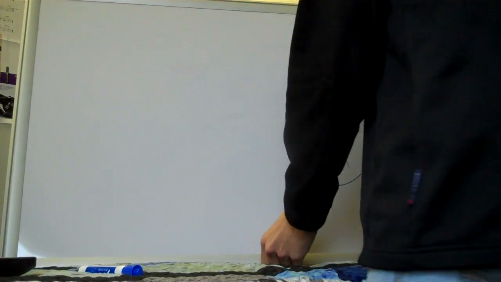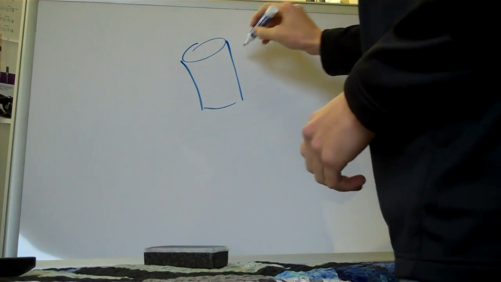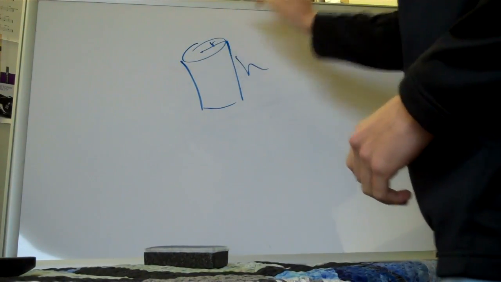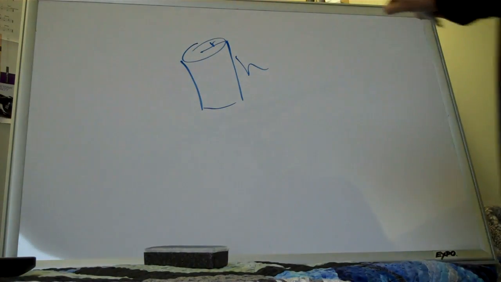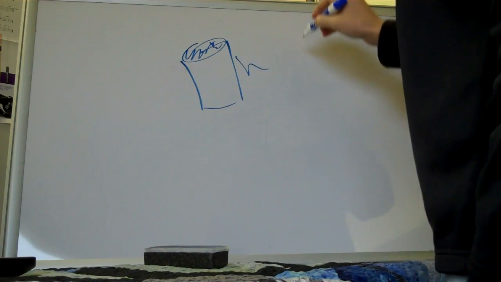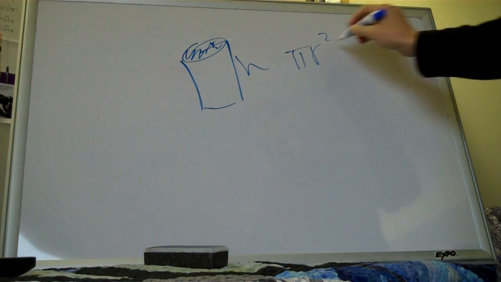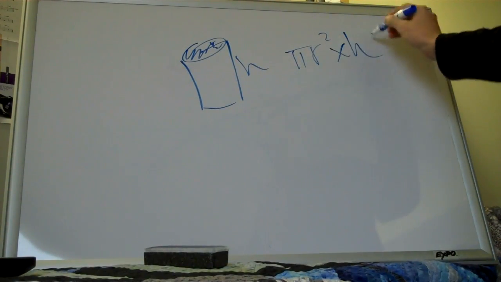Now for area of both of these, I don't know if you need to know this, but for the cylinder, here's the height, here's the radius. Basically what you have to do is get the area of this circle up here, so that's going to be pi r squared, that's the area of the circle, times your h. That'll give you area.